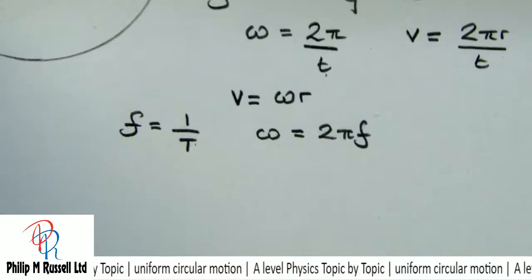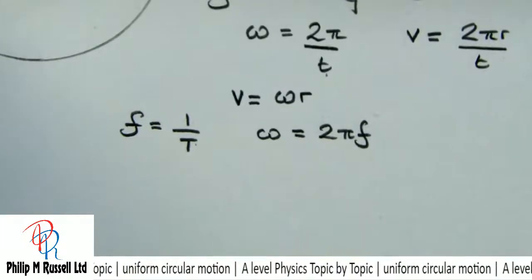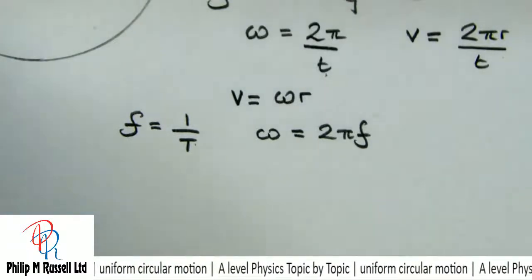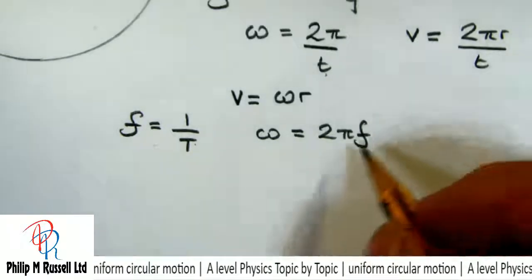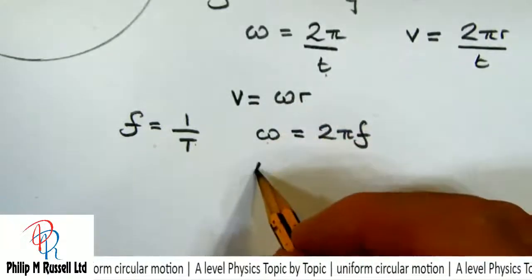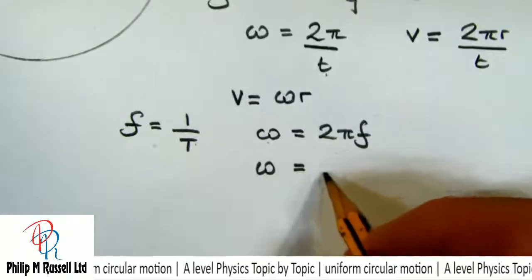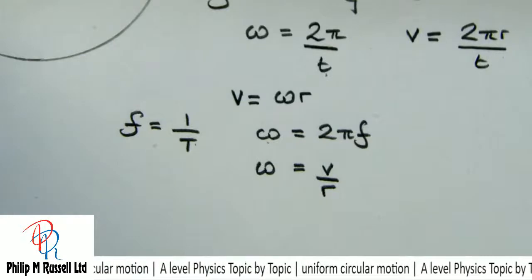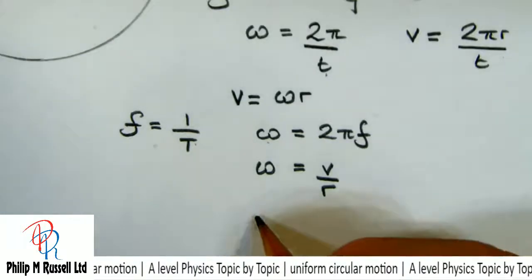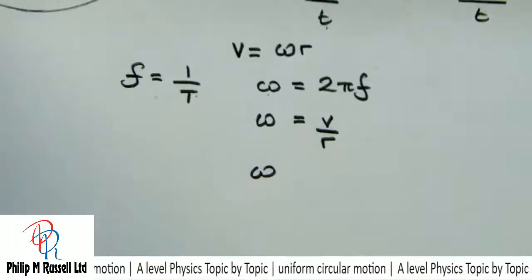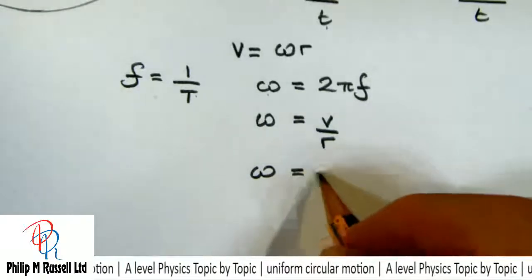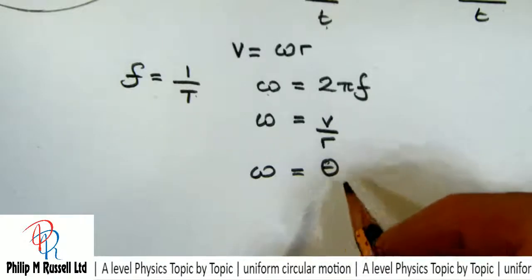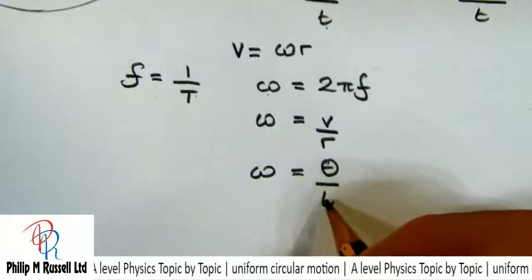So this is giving us a few equations that we can do. Rearranging this one, I can say omega equals v over r, and I can also see that this here is going to be my angle that we have travelled through divided by the time.